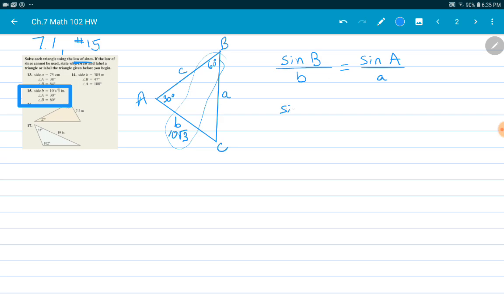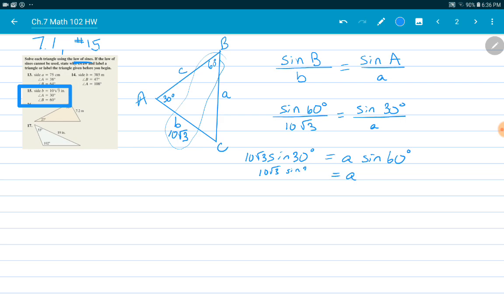So sine of B is 60 degrees, side B is 10 radical 3, sine of A and side A. Do some cross multiplication. Sine of 30 degrees times 10 radical 3 equals A times sine of 60. And I get that A equals 10 radical 3 sine of 30 over sine of 60.